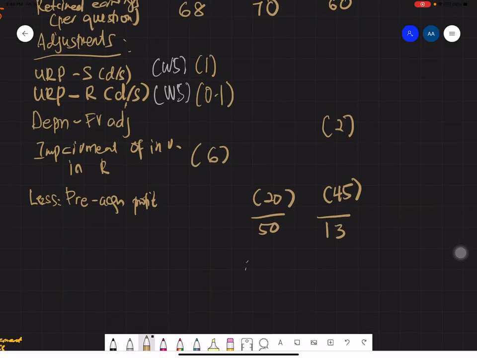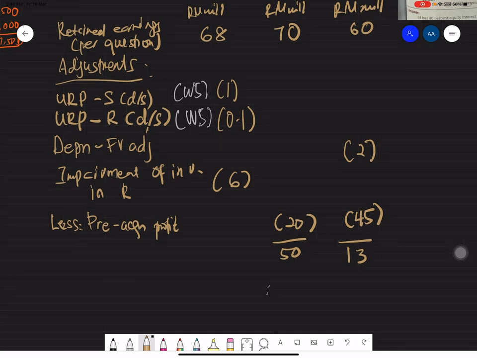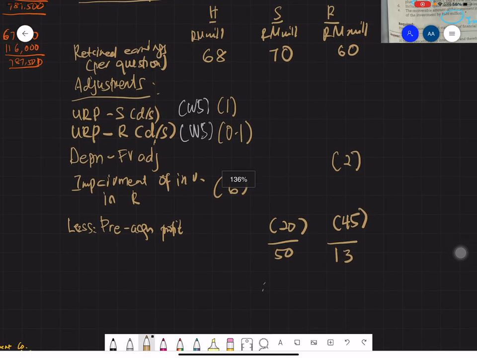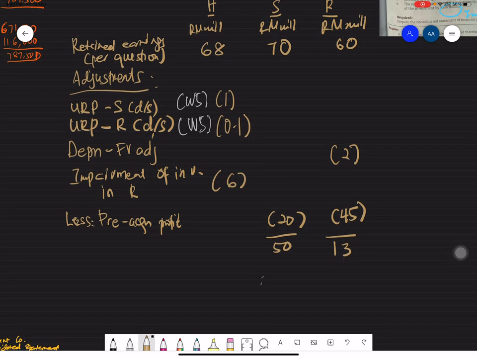And then only you will take from the S column H's share. How many percent does H own?